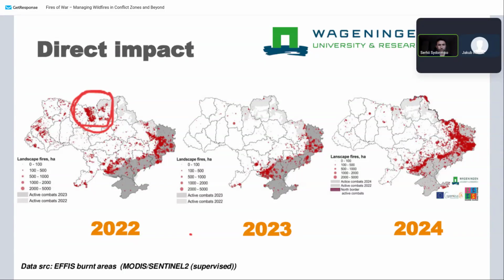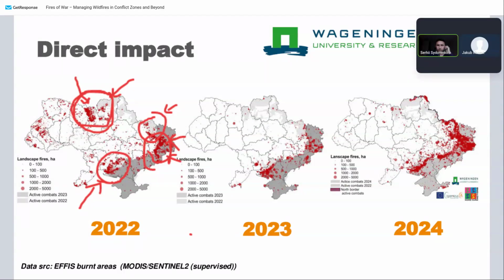Like here, you can see the battle for Kyiv, where forces came from the northwest and then the northeast. Also, you see the battle for Kherson, the battle for Kharkiv, and also attempts of the Russians to break our defense in the east.